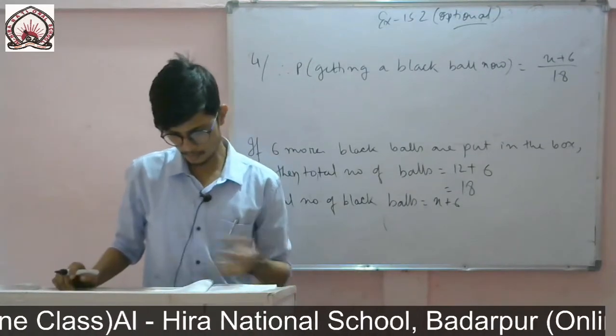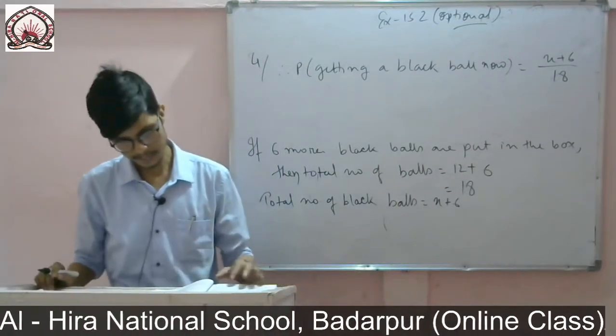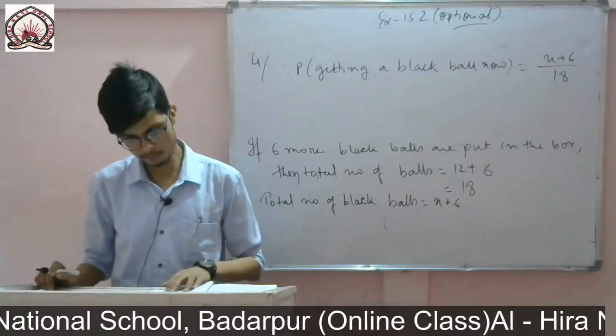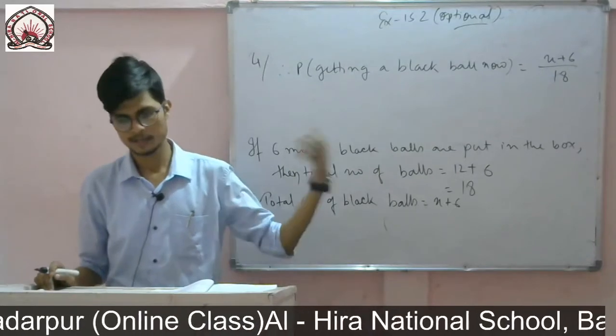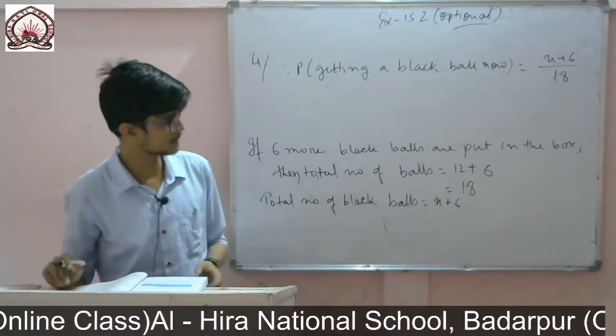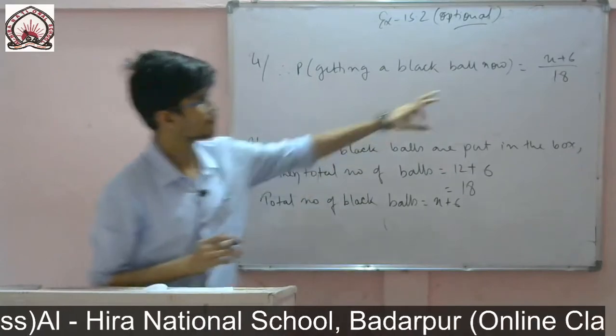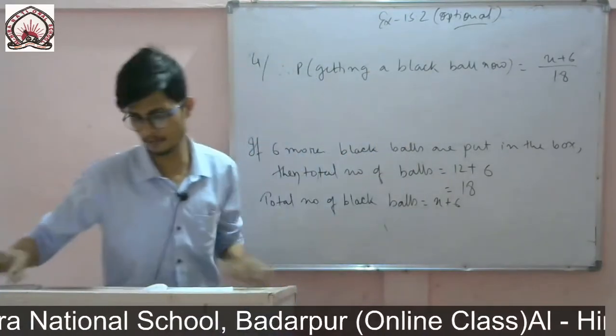Now you see the condition given in the question: the probability of drawing a black ball is now double that which was earlier. Earlier it was x by 12, so this probability is equal to double the earlier one.